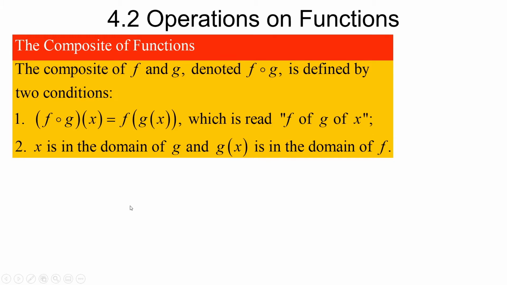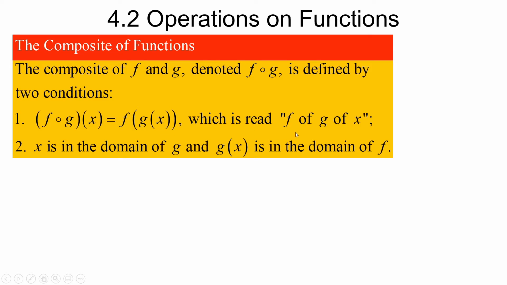All right, so let's talk about the concept of composite functions now. The composite of f and g, denoted f composed with g, that's what that open dot means right there, composed with, is defined by two conditions. Number one, f composed with g of x, which we can also write as f of g of x.